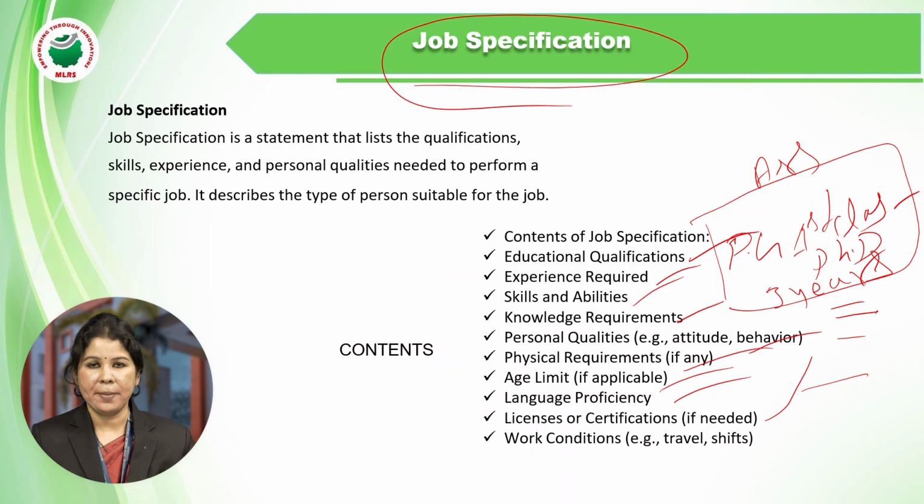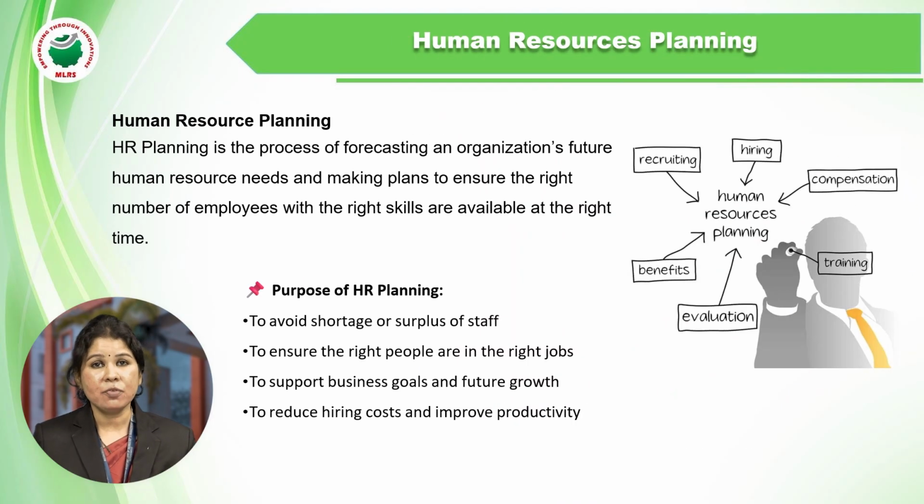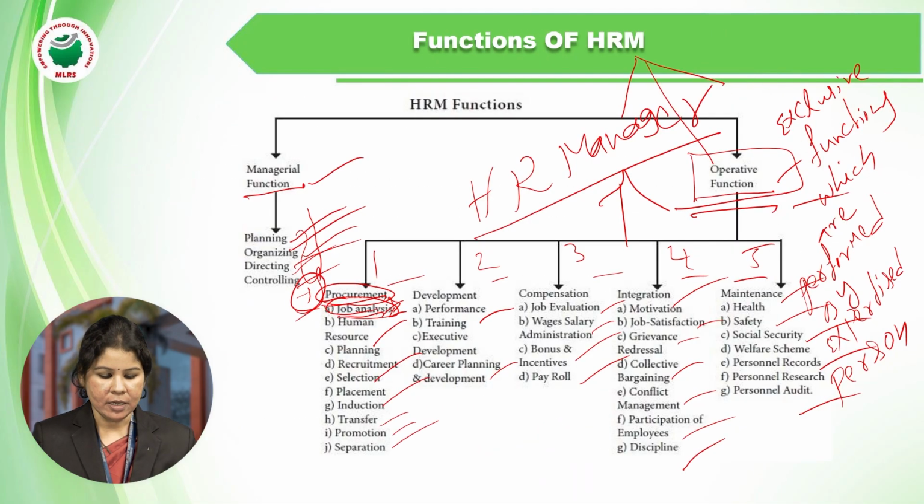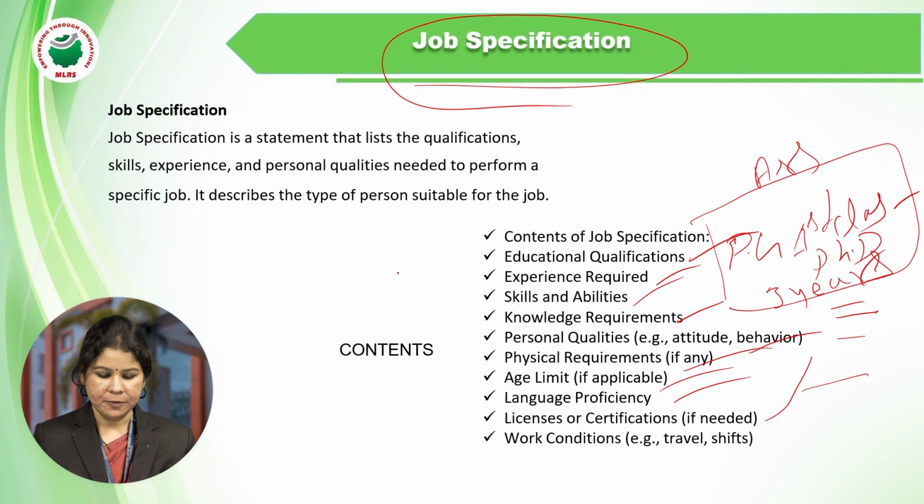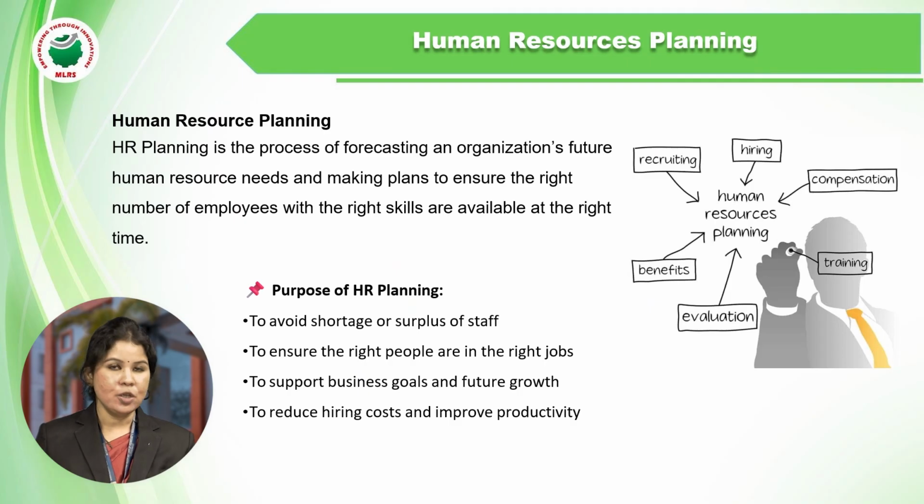After this job analysis, we have another function called HR planning, which is the second operative function in this procurement, as we discussed in the last slide. So let us have a glance at HR planning.